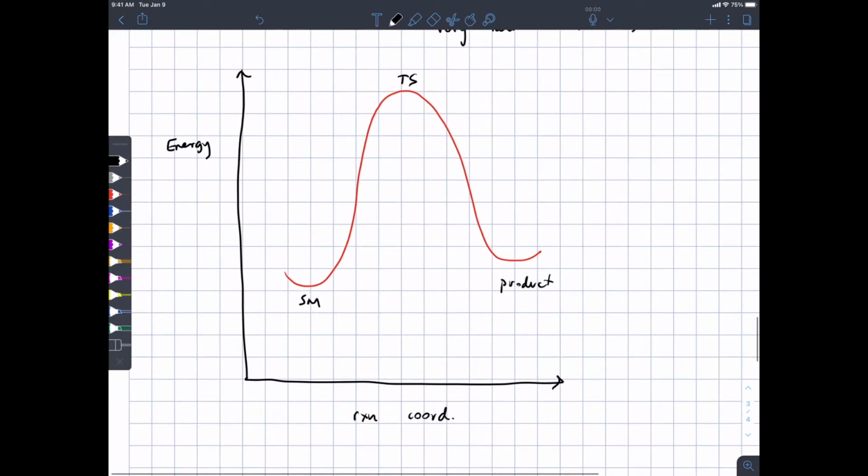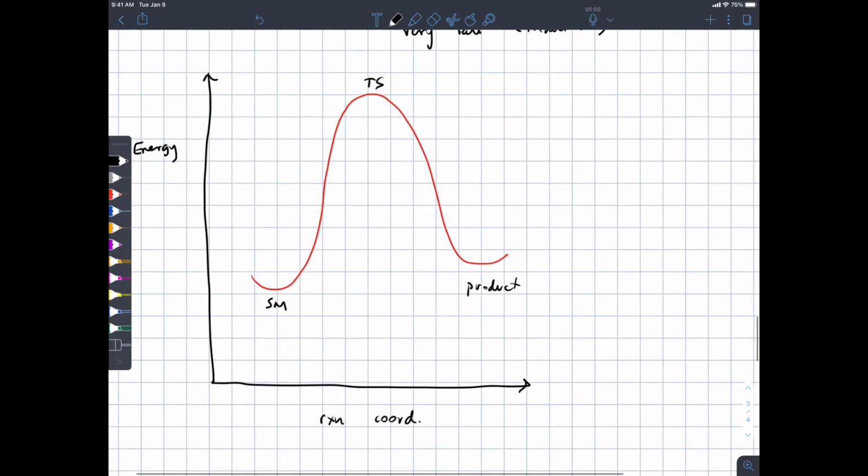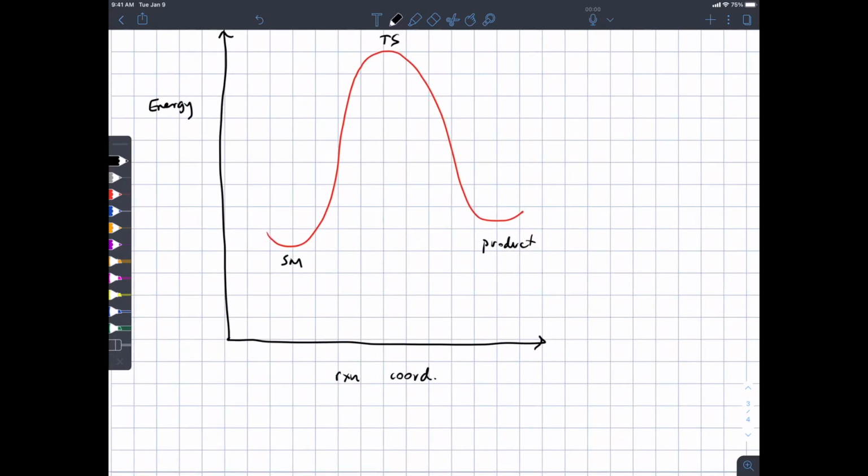But let's imagine, remember how I said that if the reaction is A attached to H going to B, and well, I guess this is our starting material, this is our product, and the reaction coordinate represents motion of H toward B and motion of A away from H.